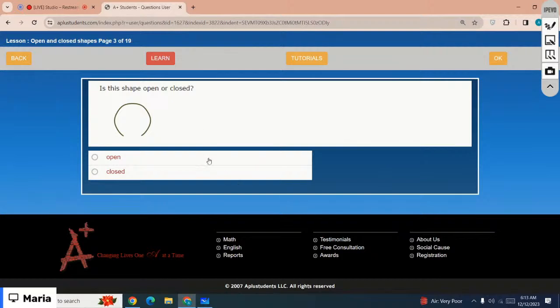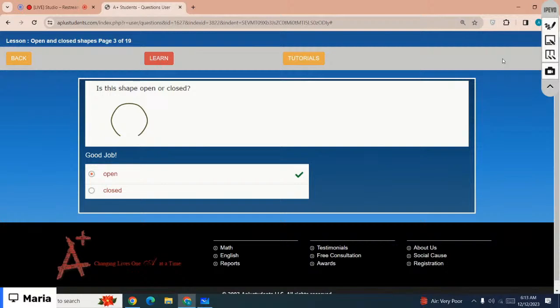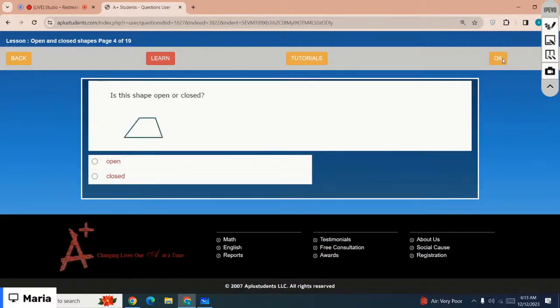Yes, this one is open. Is this shape open or closed? It is closed.